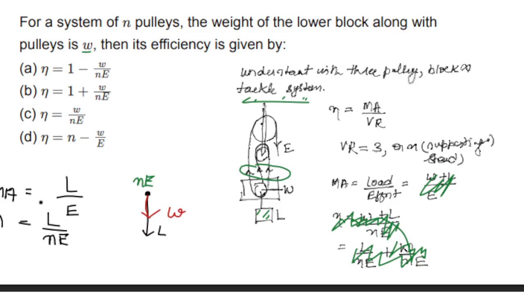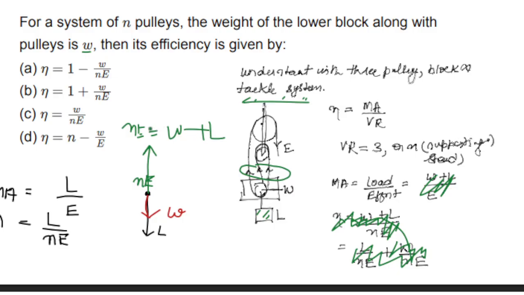Here, what can we put instead of L in terms of this? If you see this diagram, the nE was upwards, 3 strands I'm just showing with 1. These 3 forces I'm just combinedly showing by this. So this is nE upwards. So can I say nE is equal to W plus L, right? Downward 2 forces, upwards 1 force.